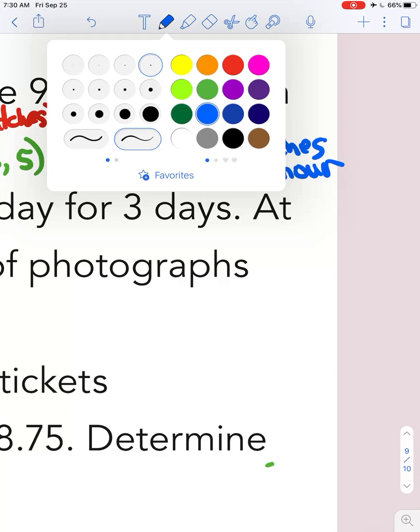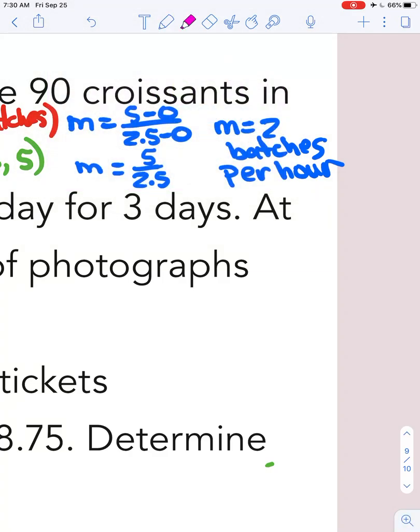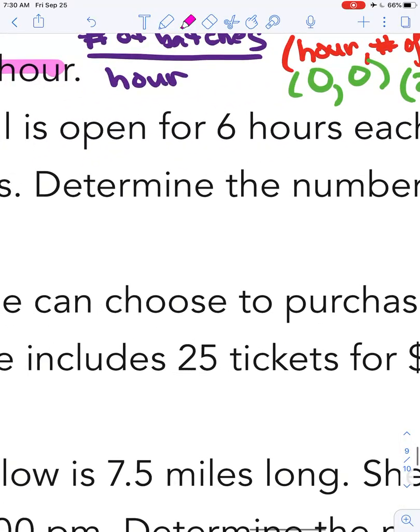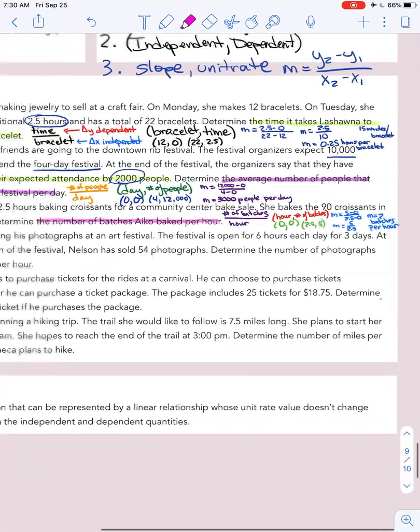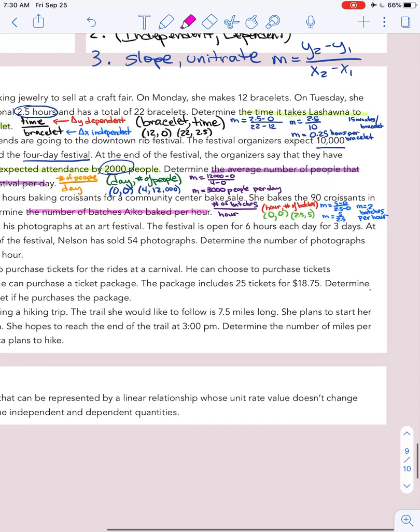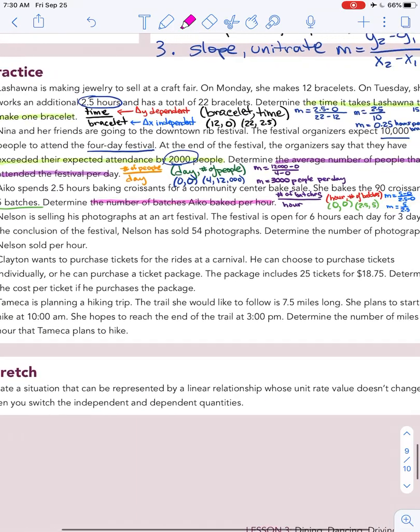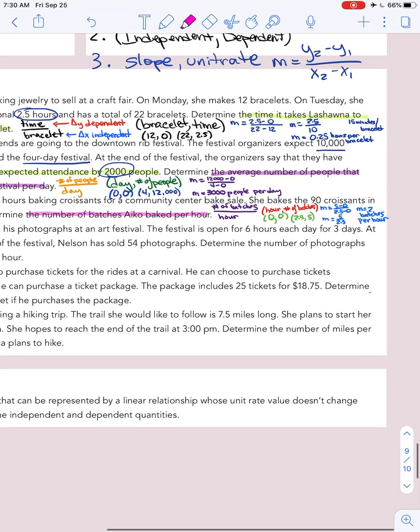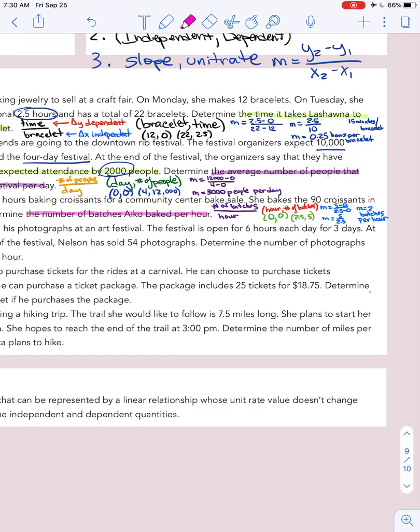So then I'm going to go to my next one. Okay, the next one says, Nelson is selling his photographs at an art festival. The festival is open for 6 hours each day for 3 days. At the conclusion of the festival, Nelson has sold 54 photographs.